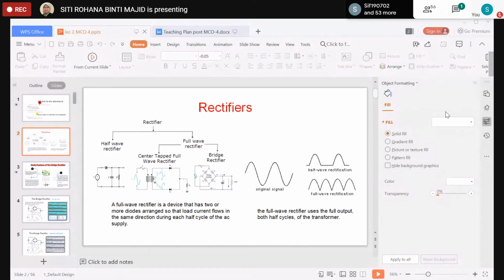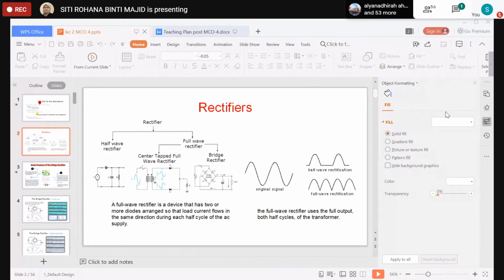This is the group as I showed before, where we have the center tap and also the bridge rectifier. With this kind of diode arrangement, the load current flows in the same direction during each half cycle of the AC supply.